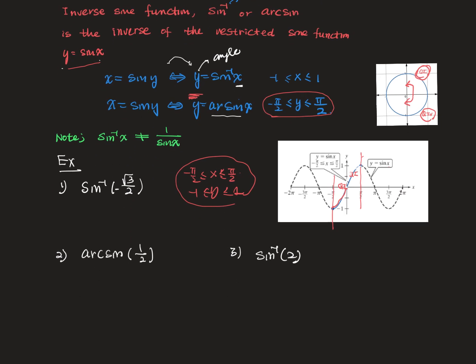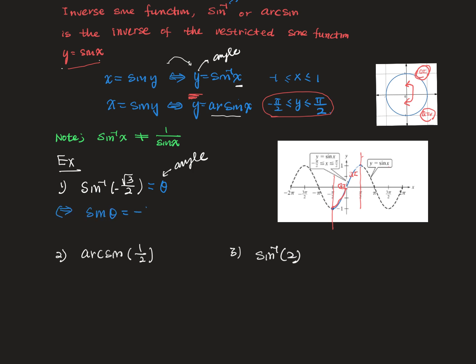Okay, here is an example. We are talking about arc sine, inverse sine, of negative square root of 3 over 2. Let's call this theta. It represents an angle. By the definition, sine theta is negative square root of 3 over 2.